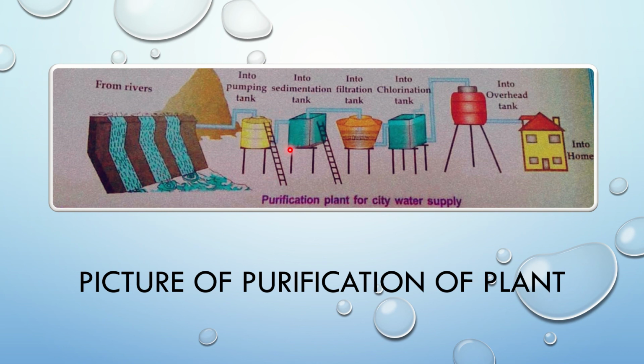Next, the sediment tank, where all the impurities are left down. And next is the filtration tank, where it all filters. And next into the chlorination tank, and then to the overhead tank and into the home. This is how the purification plant for city water supply works.